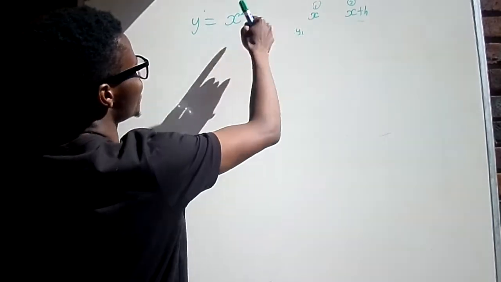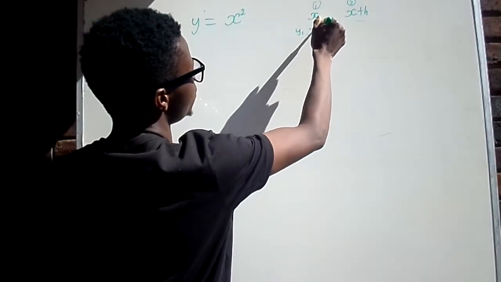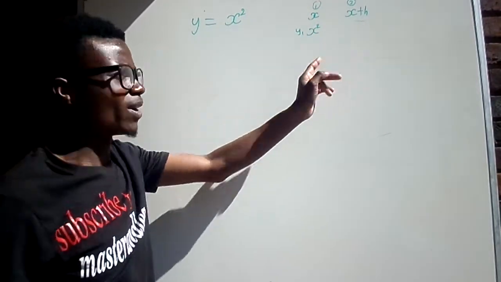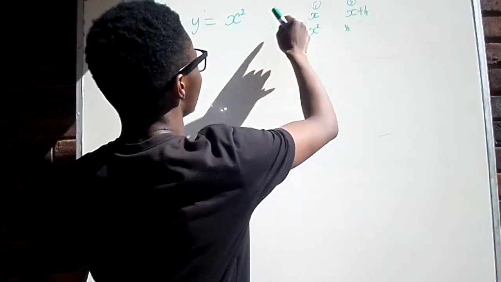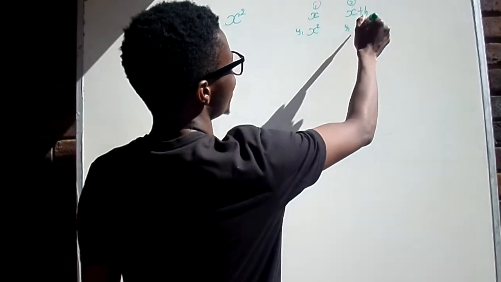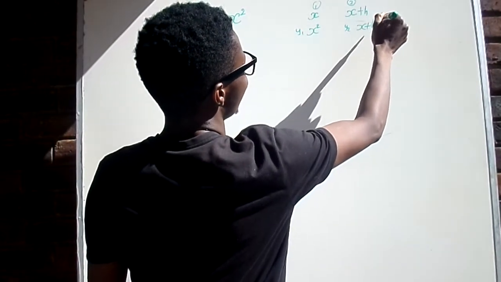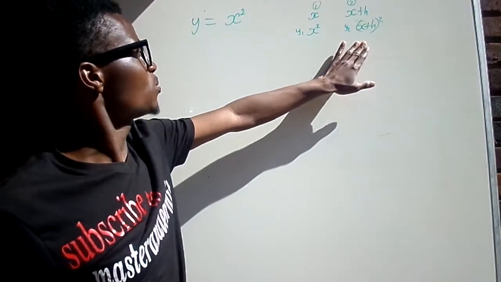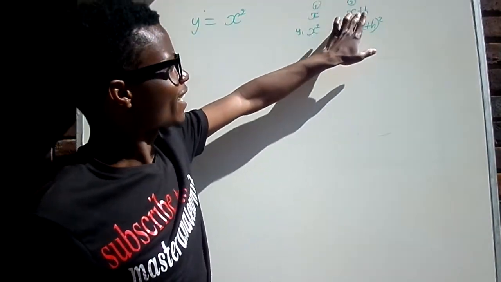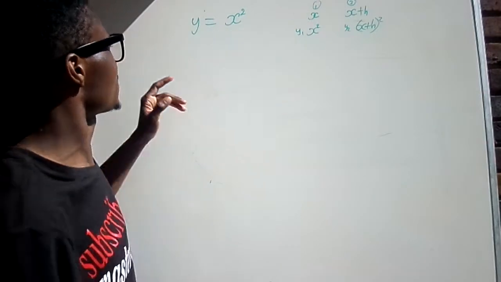If I take this x and square it, I get x squared, which is my y1. For me to get my y2, I take this expression, apply the rule, square it, and I get (x plus h) squared. So this is the y2, this is the y1, x2, x1. Then we just substitute.